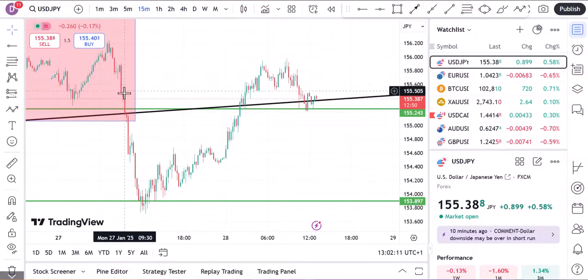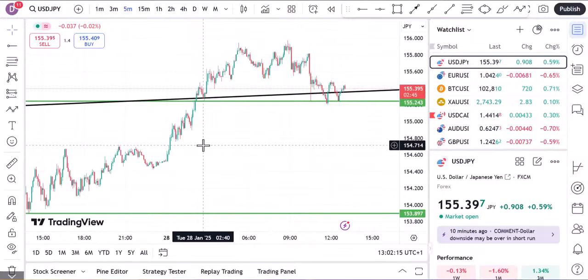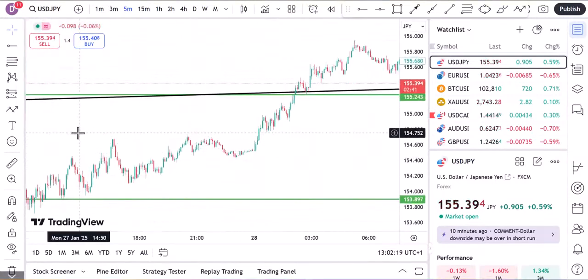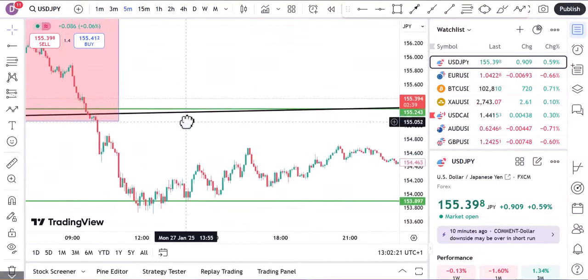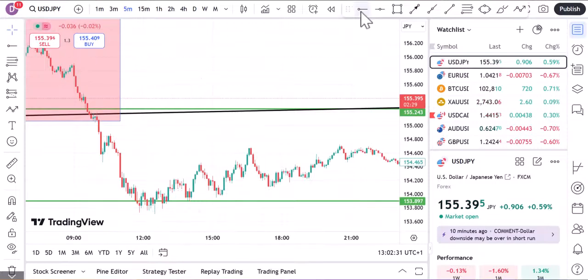Now you can see it was a downtrend down to this, or let's say 5 minutes. Now you can see on 5 minutes, a lot of stuff happened here, though, and it ranged a bit on the 5-minute time frame. But what I will do is mark this area here as an entry.